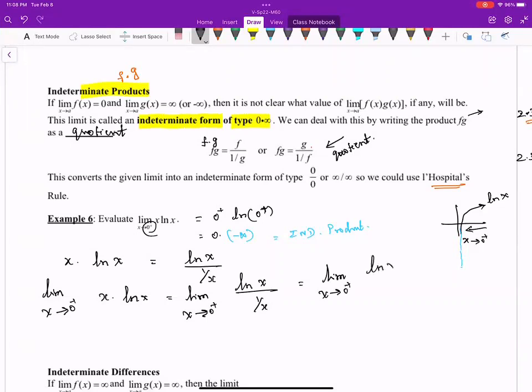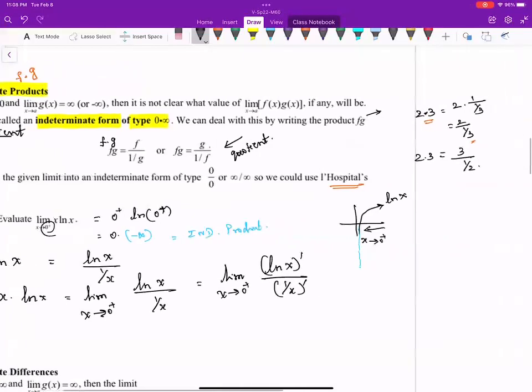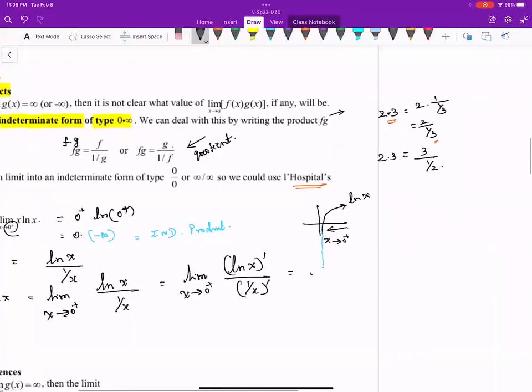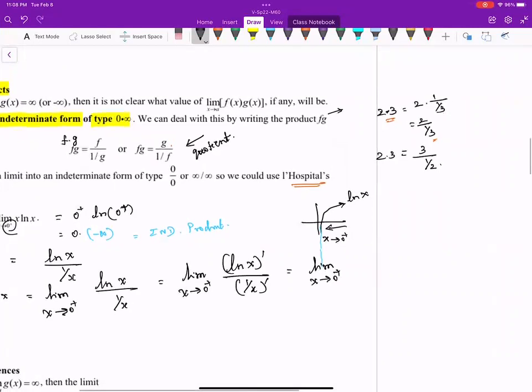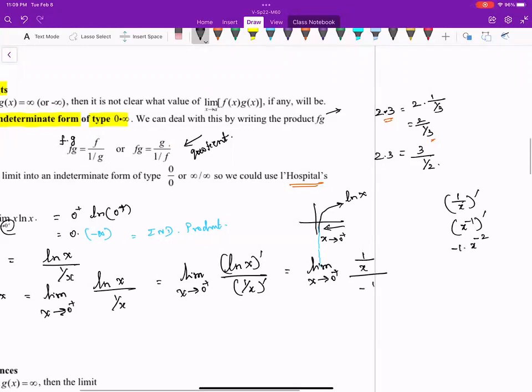Now you take the numerator derivative, also the denominator derivative, and then plug in the value 0 plus. So which is the limit as x approaches 0 from the right. Derivative of ln x, the numerator, is 1 over x. Derivative of the denominator, so what is the derivative of 1 over x? It can be written as the derivative of x to the negative 1. So by the power rule, it's negative 1 x to the negative 2, which can be written as 1 over x squared with the negative sign.